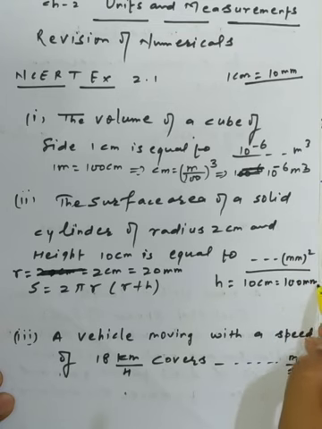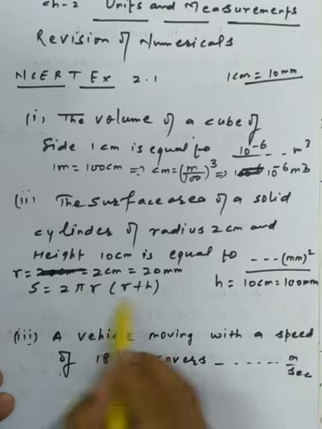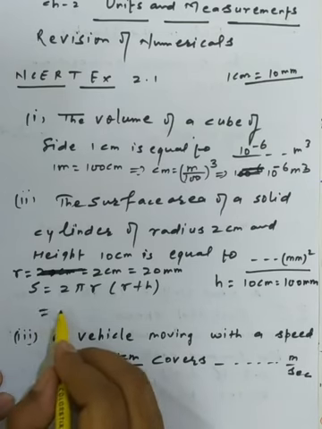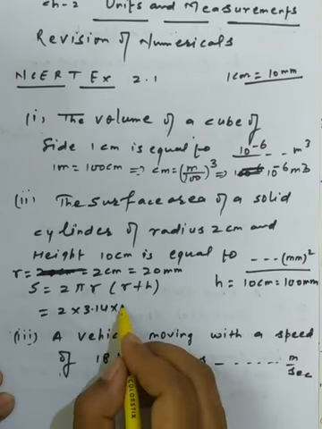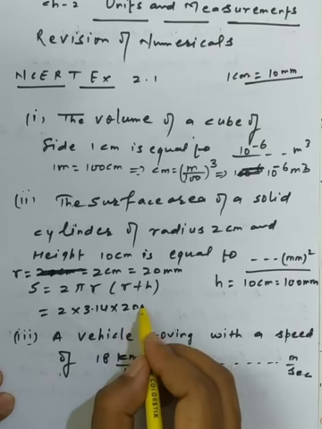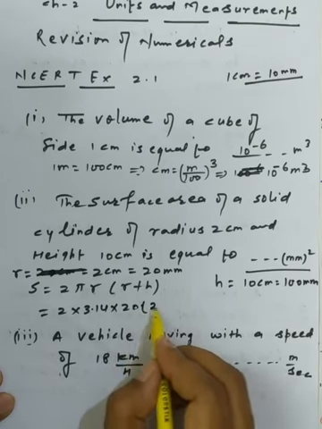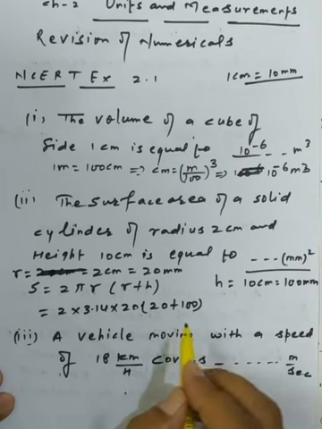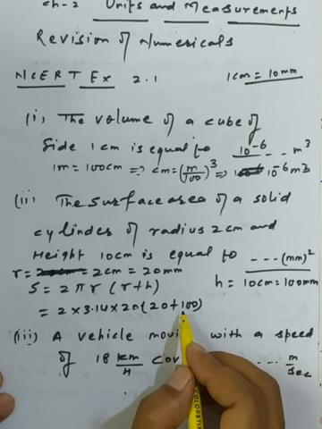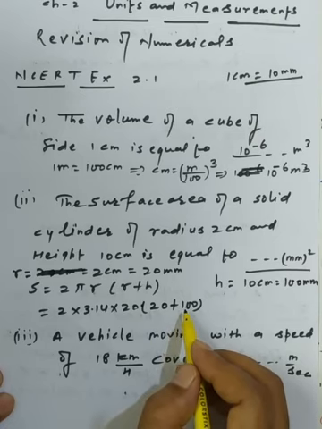mm. And the relevant formula which I have given to you, you can easily substitute the value: 2 into 3.14 into r, which is 20 mm, multiplied by 20 plus height, which is 100. As we are making the conversion of the unit system, it gives the measurement in millimeter square.